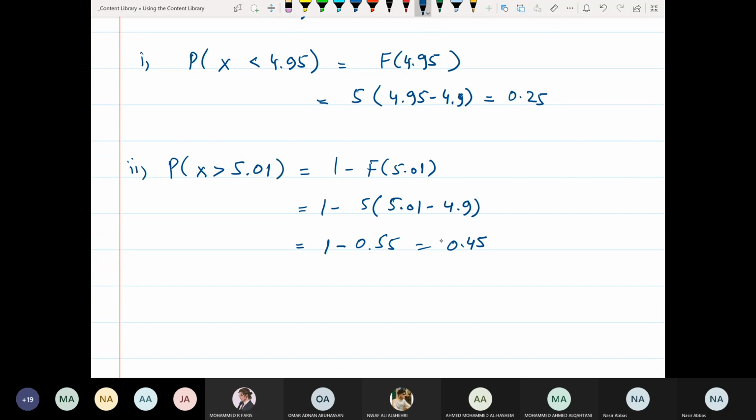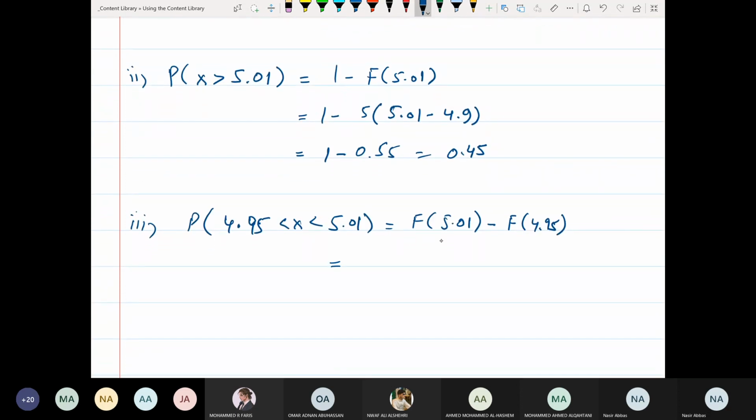And if I ask you to give me probability of x between 4.95 and 5.01, this is capital F of 5.01 minus capital F of 4.95. The CDF at the bigger value minus the CDF at the smaller value.